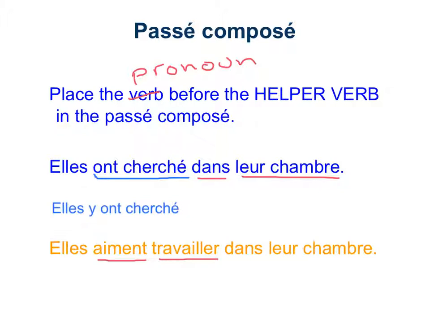So in this one, it would be different. What we would have is elles aiment. We use that first verb that's conjugated first, then we put our pronoun y before that unconjugated or infinitive verb. Elles aiment y travailler.